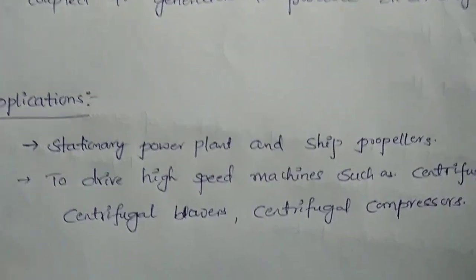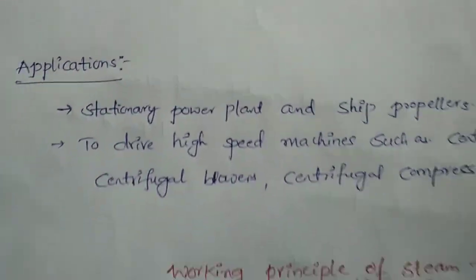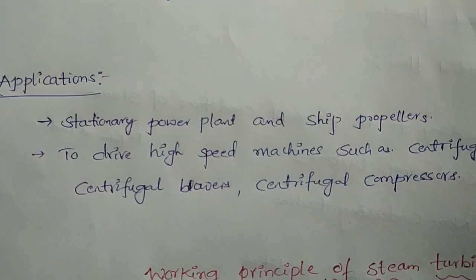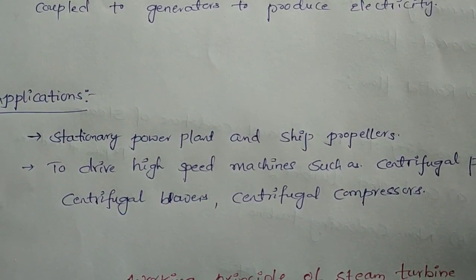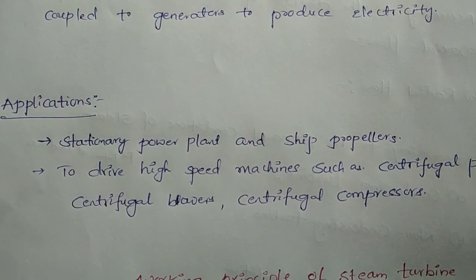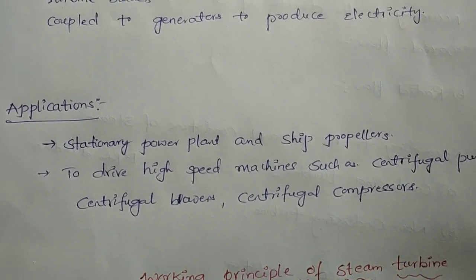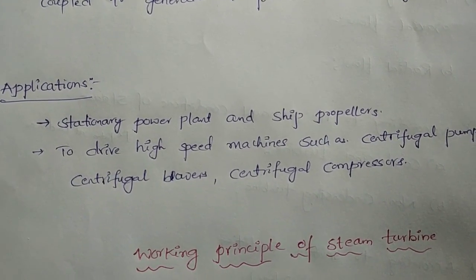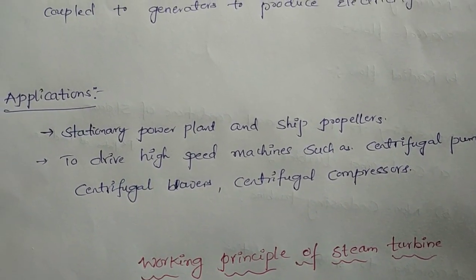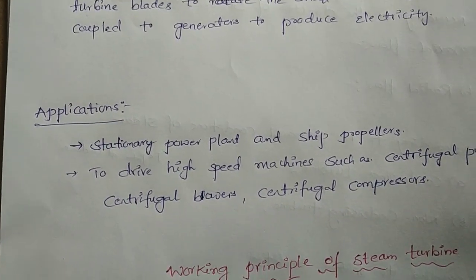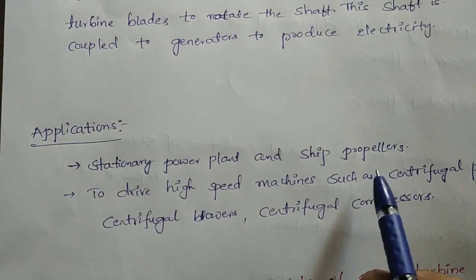Next, what are the applications of the steam turbine? Steam turbines are used in stationary power plants. That means wherever we have to produce power at a single stationary place, at that time also we use steam turbines. Also in ship propellers.